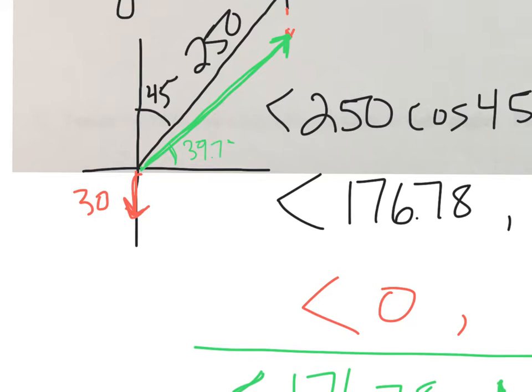So if we want the actual heading, we're going to have to come back here and figure out what is the heading from 0 degrees north. So if I subtract that from 180, subtract it from 90, not from 180, from 90.